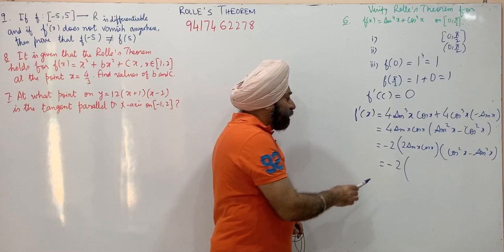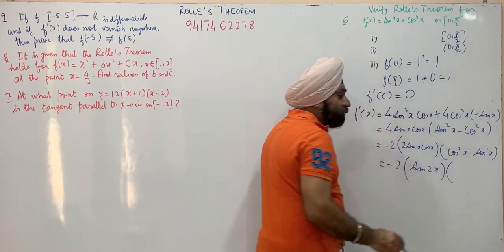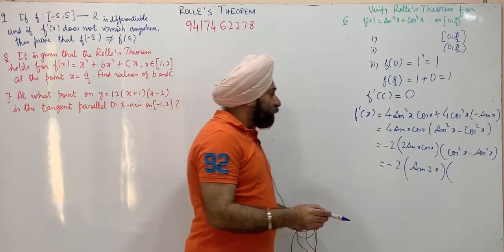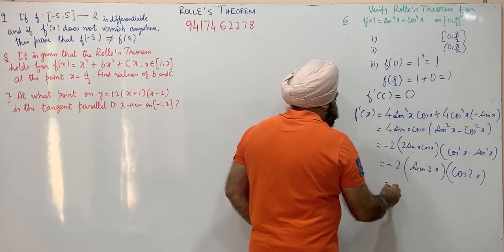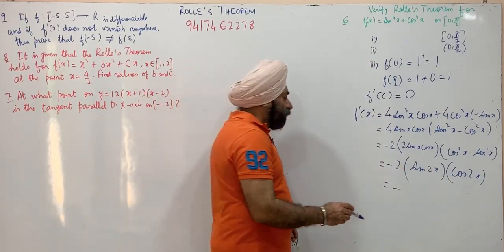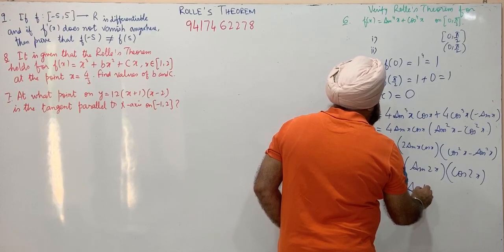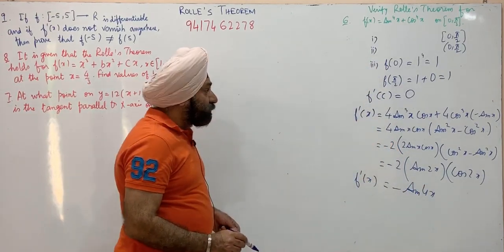What is 2 sin x cos x? It's sine of 2x, and cos square x minus sin square x, we know, is cos of 2x, and this is 2 sin 2x cos 2x, which will be sine of 4x. So minus sine of 4x, this is f dash of x, the derivative of the function.